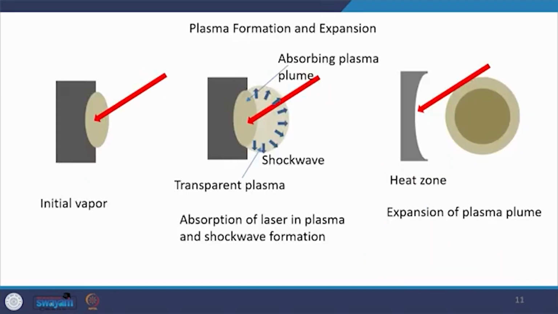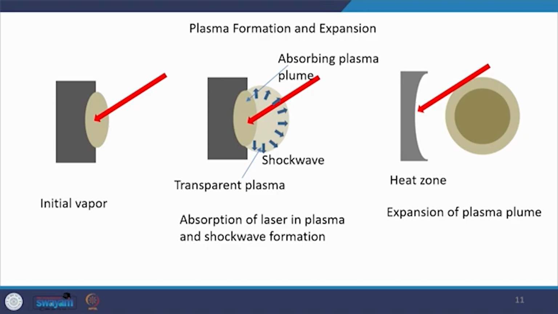Now, these are the different mechanisms. Initially vapor will form, and then in the plasma there will be two regions: a transparent region where the density is quite low, and another region where the density is very high.